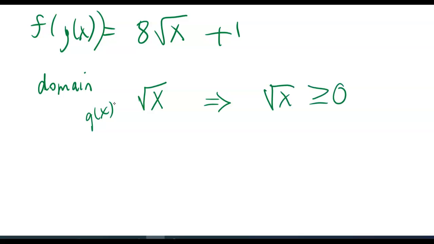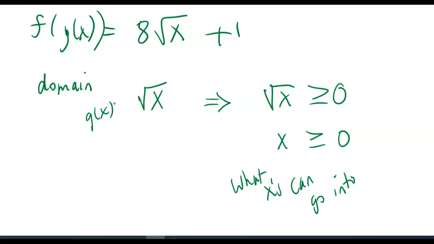Because it can equal 0, we don't have a fraction here. So then we square both sides. We want x to be bigger than or equal to 0. So this is telling us what kind of x's can go into f. The only x's that we can put into f are the ones that are bigger than or equal to 0.